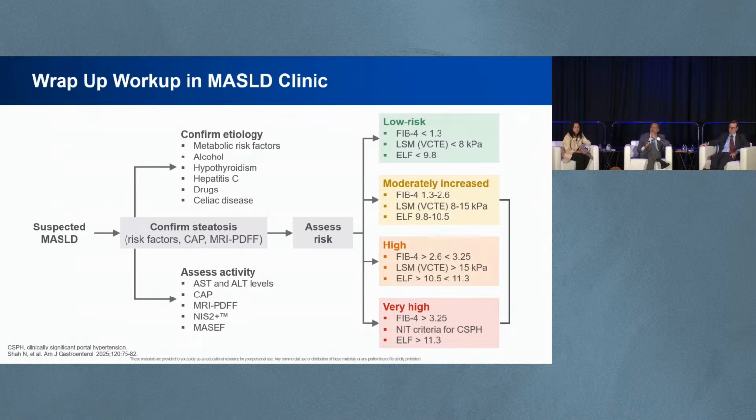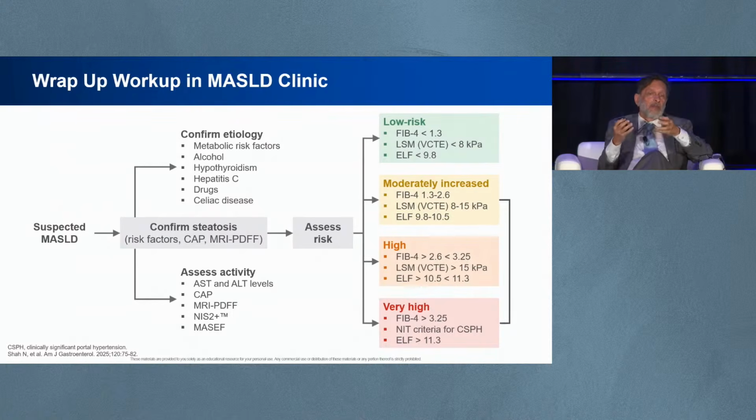So I think it's really important when we first see the patient with MASLD, if they come in with abnormal liver enzymes, to make sure there's no other obvious reason like hepatitis C, hepatitis B, et cetera. Even if they come in with imaging evidence of fat in the liver, they could still have hepatitis C. Frequently, because it's such a common condition, if you have fat and elevated liver enzymes, you should at least rule out viral hepatitis.